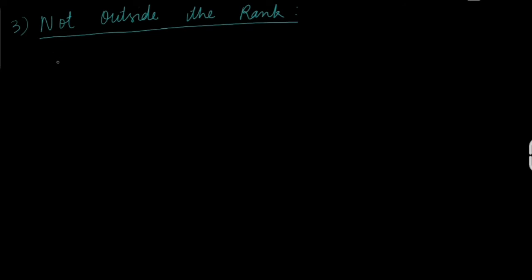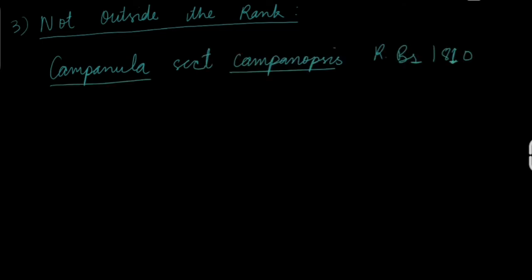Okay, so here is one example of Campanula section Campanopsis, 1810. Now this rank is given as section. So when they are transferring this particular organism into the generic level, into the genus level, then the correct name will not be Campanopsis. Now Campanopsis will not be the correct name because this particular name has been already used in the rank section.